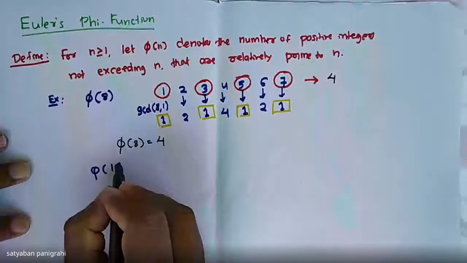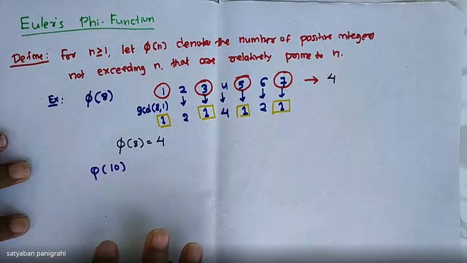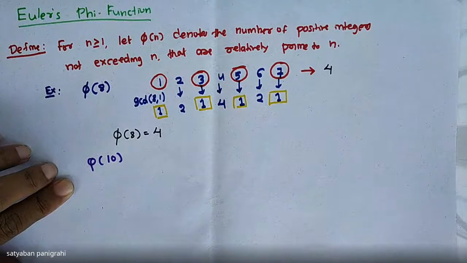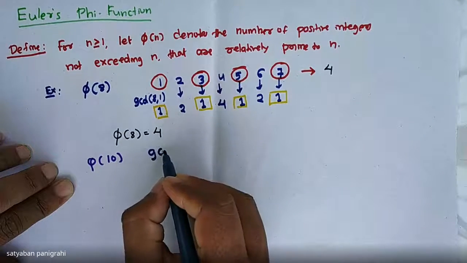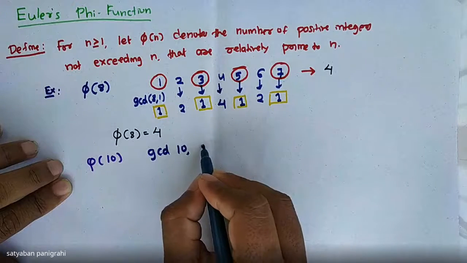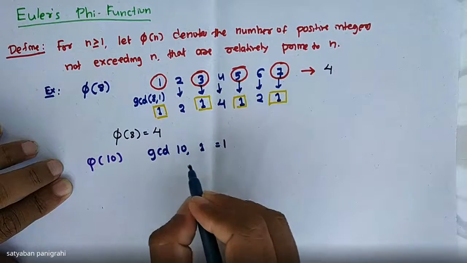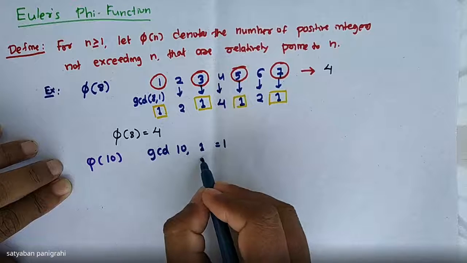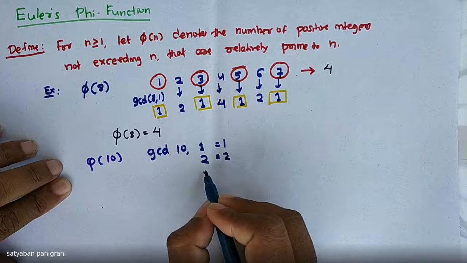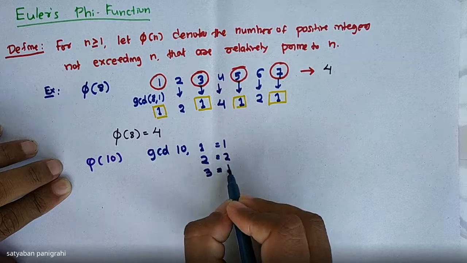Similarly, if you want to compute the value for phi of 10, suppose. So, for phi of 10, you can see when you take GCD of 10 with 1 it is 1. GCD with 2 gives 2. GCD with 3 is 1.